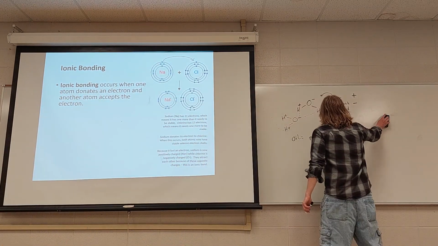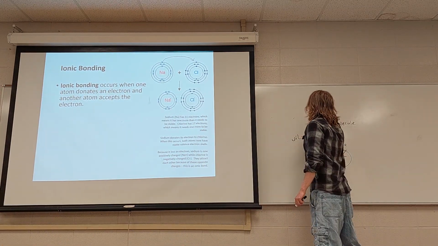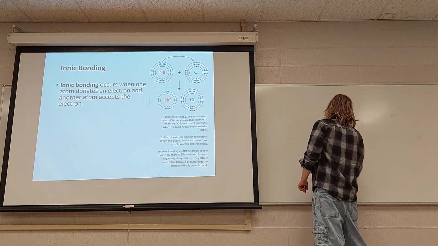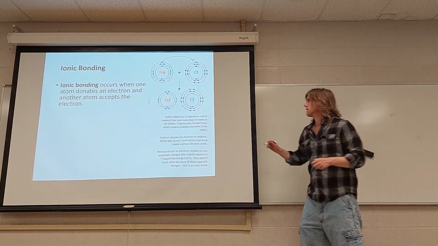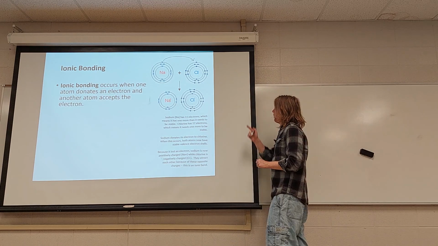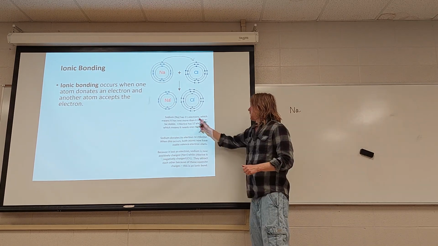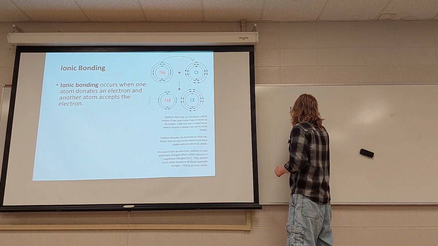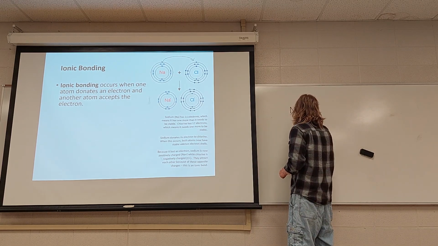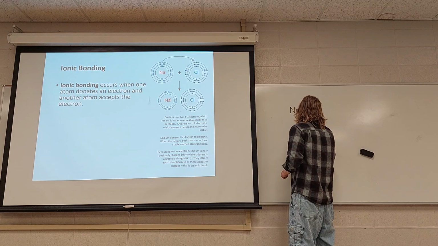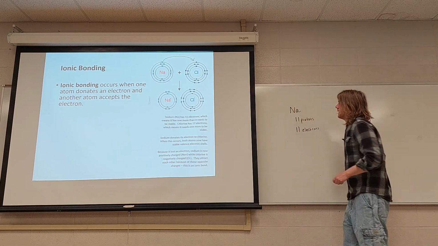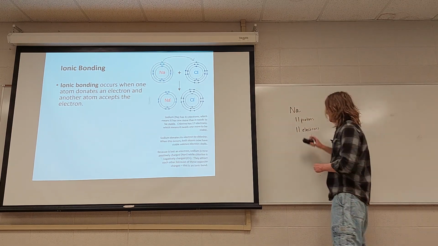So, the actual bond between sodium and chlorine occurs because of the following. Take a look at sodium. Sodium has 11 protons and normally 11 electrons. But it just got rid of one.